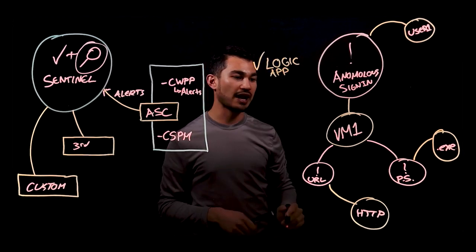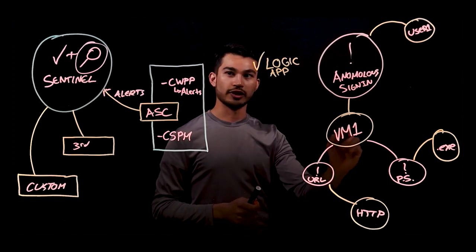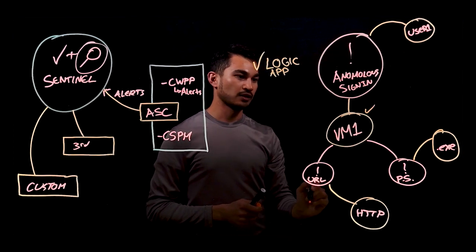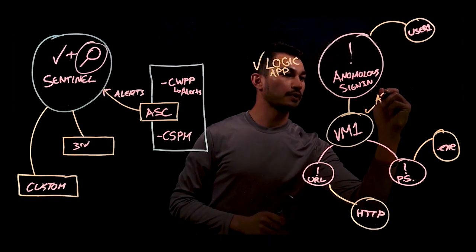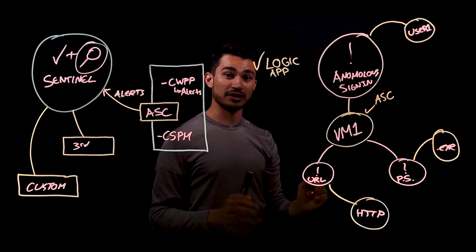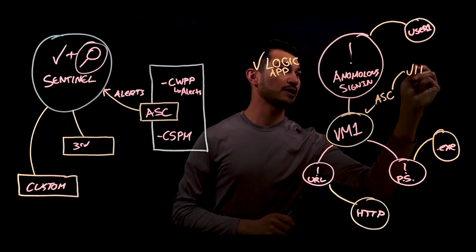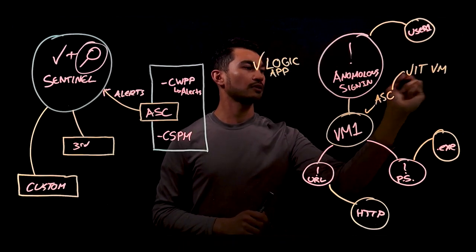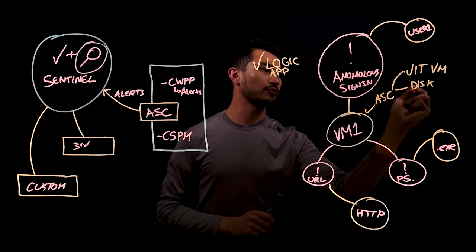But in addition to that, we can use Azure Security Center on the resource that we're already aware of right here. So going into Azure Security Center, we can look up this virtual machine, and we can see the recommendations related to it, which could be just-in-time VM access. It could be disk encryption hasn't been enabled.